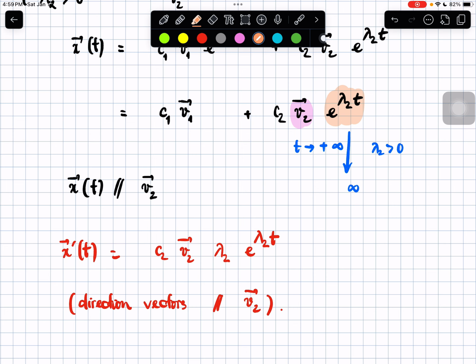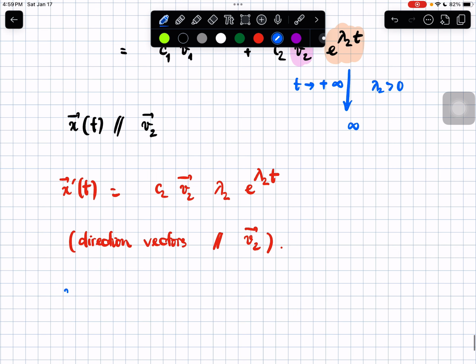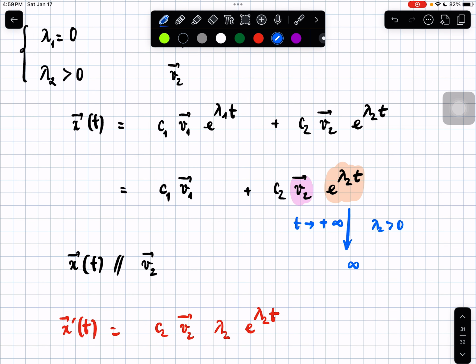So x(t) goes up to infinity. That's the second thing we know.